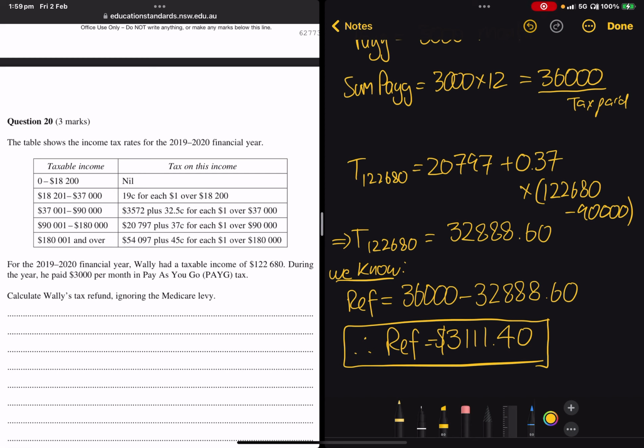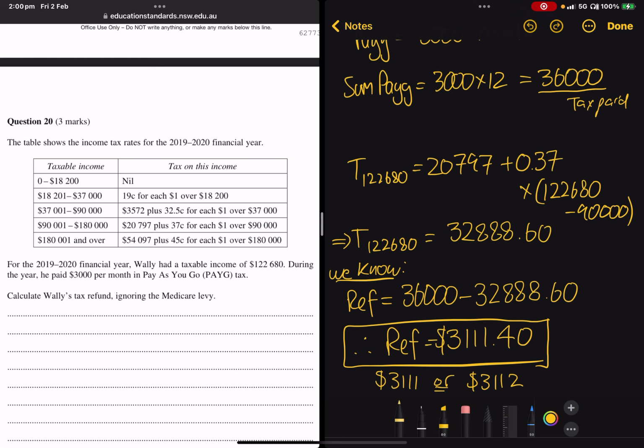It's not uncommon, certainly when you're dealing with agencies like the tax department, for this to either go up by $1 or down by $1. So you may see some people writing this answer as 3,111, or you might see this written as 3,112. The reason for this is sometimes financial websites or government departments will tell you to ignore the cents. They'll say the tax payable is 32,888, and if he's paid 36,000, then he'll get 3,112 back.